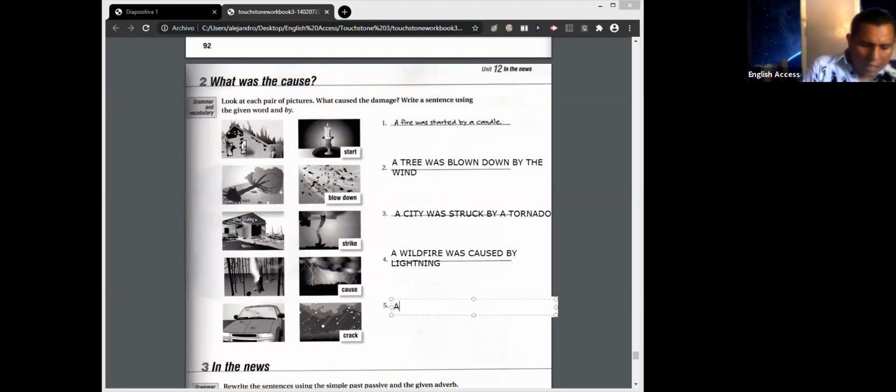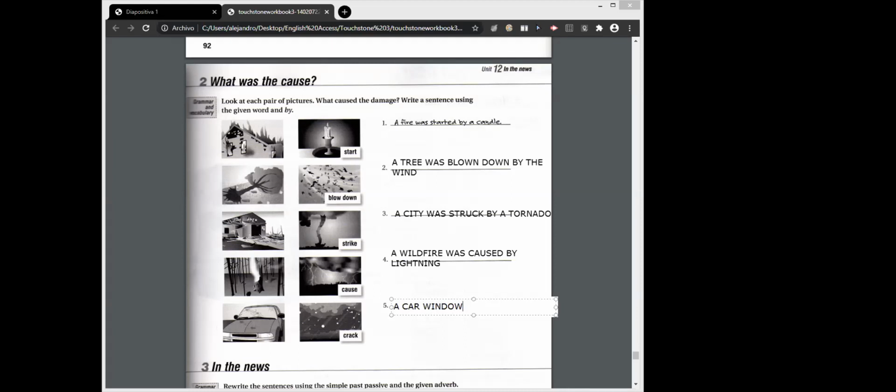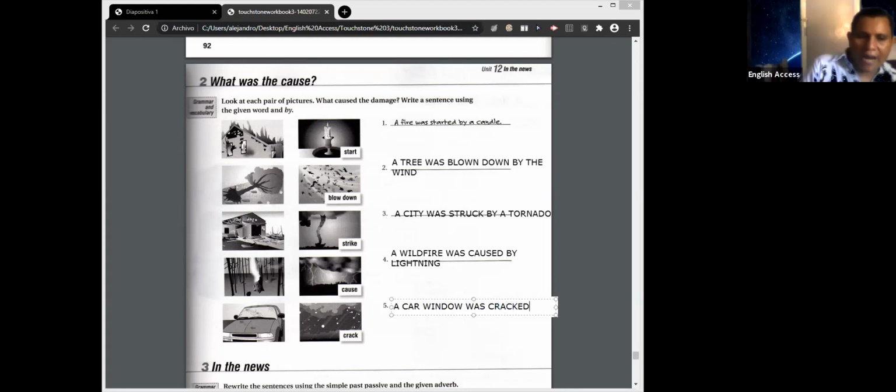And number 5? A car was wrecked by a hailstorm. You can say a car window, no? A window was cracked.